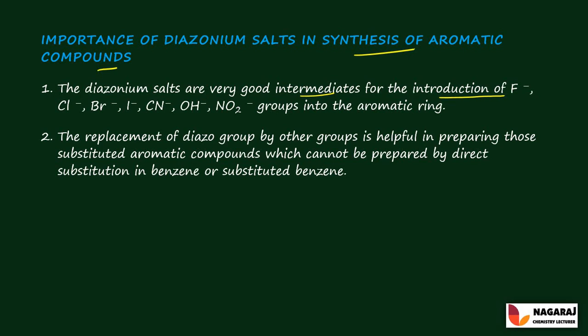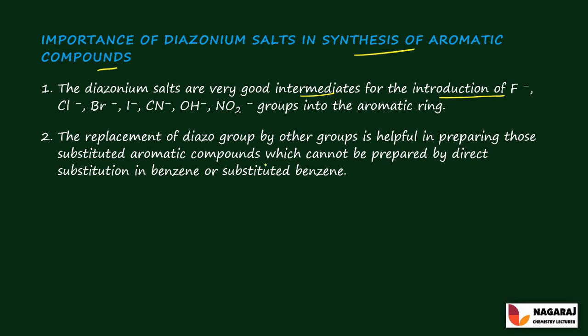We cannot directly attach these groups to the aromatic rings because the double bonds present in the benzene ring undergo delocalization, which gives extra stability to benzene. So we can easily attach these groups when the compound is a diazonium salt.